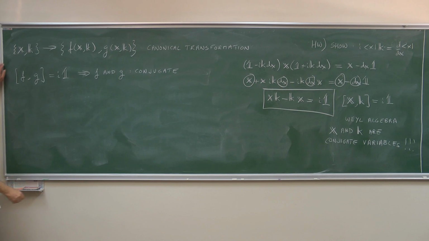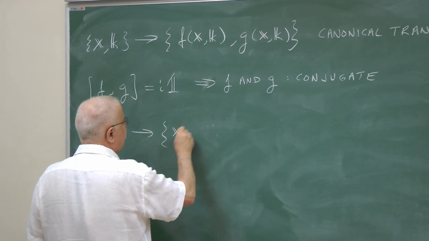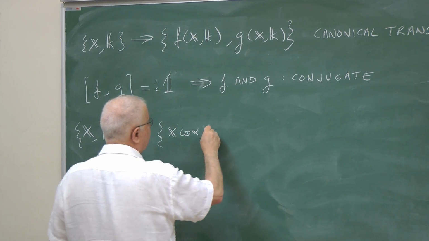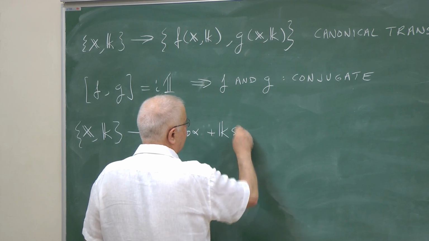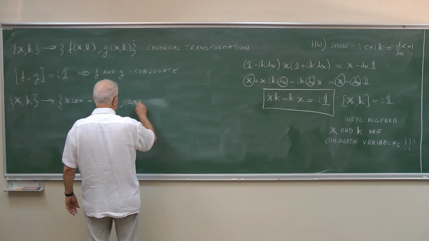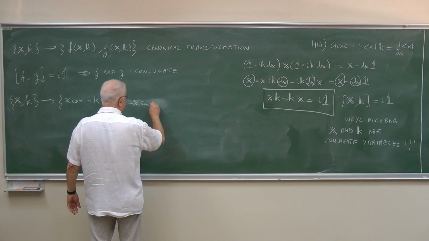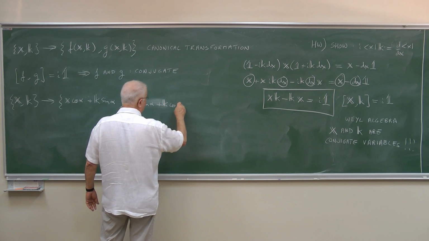Now let me give an example. From x, k, I go to x cos alpha plus k sine alpha, comma, minus x sine alpha plus k cos alpha.